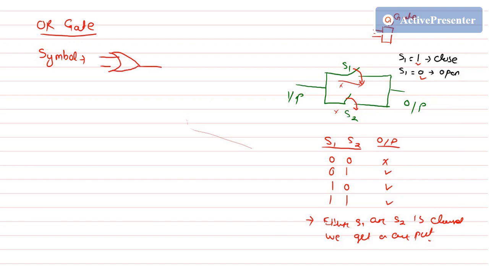There are two variables S1 and S2; in digital electronics we will write these as A and B, and here the output will be taken as A plus B. So remember, for OR logic, mathematically it is written with the plus symbol. The plus symbol means the output will be the OR operation of A and B. That is what you need to understand.